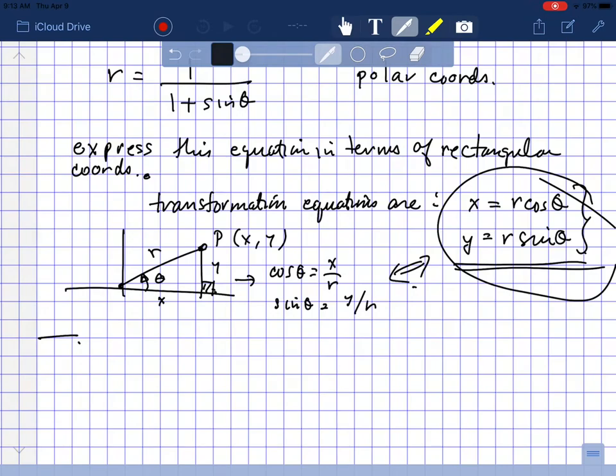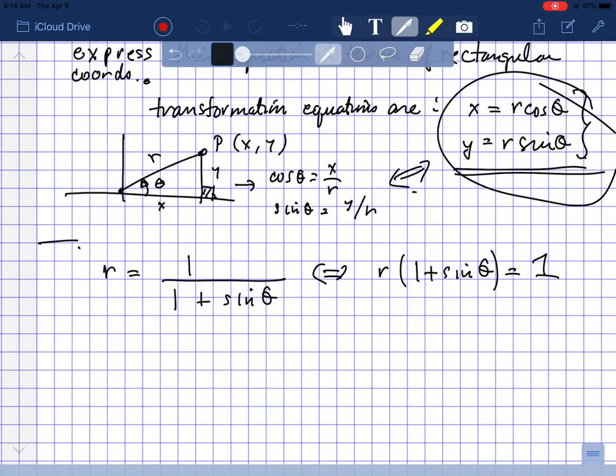All right, well, back to our equation at hand, which is r is equal to 1 over 1 plus the sine of theta. I want to use our transformation equations in order to convert this equation in polar coordinates to an equivalent equation in terms of rectangular coordinates. What I'm going to do is multiply both sides by 1 plus the sine of theta. So I have r times 1 plus the sine of theta is equal to 1.